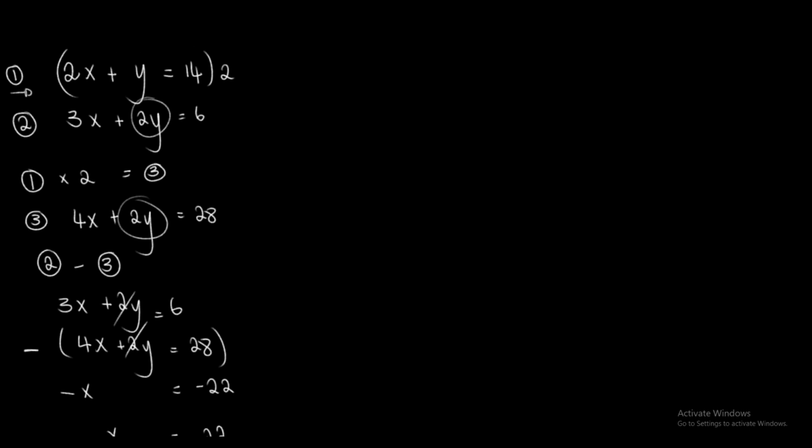So now we can solve y. How do we solve y? We can solve y by substituting x into equation 2. Where's 2? Well, 2 is over here. And we just calculated x, so it's going to be 3 times 22.